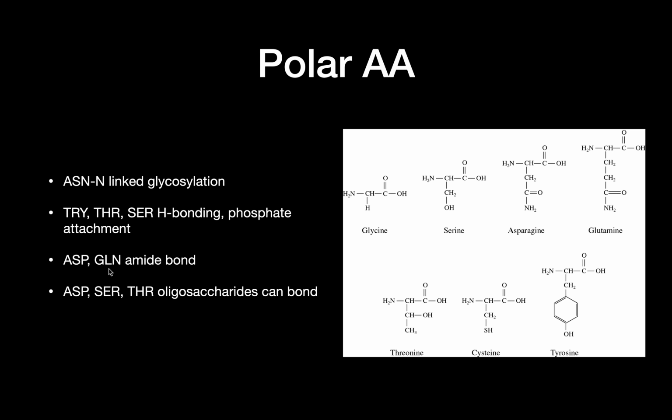Asparagine and glutamine help form the amide bonds, and asparagine, serine, and threonine allow the oligosaccharides to bond. Bond to what? Bond to ligands, to receptors, anything with those like amino acids will allow these other components to bind.